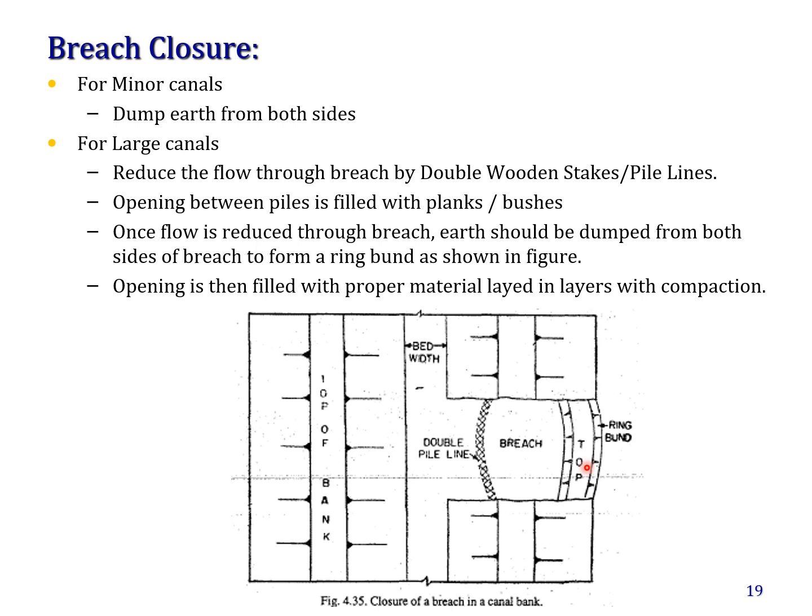You create that bund, and ultimately you close that breach from both sides, and then you compact it in layers so that the breach can be filled. So the first objective is to create this bund to stop the water flowing, and then ultimately we will restore the embankment in this part.